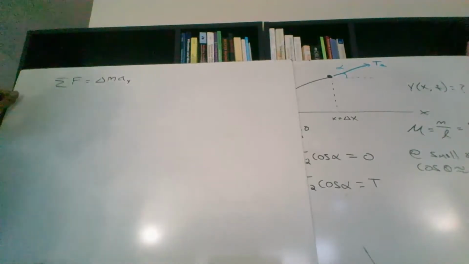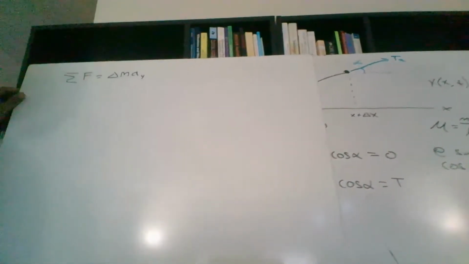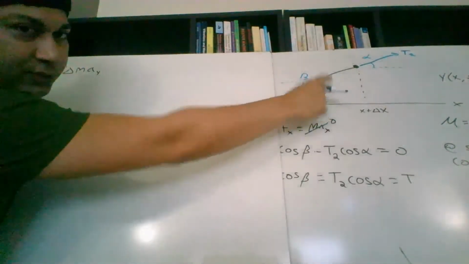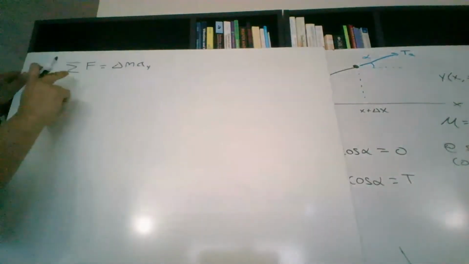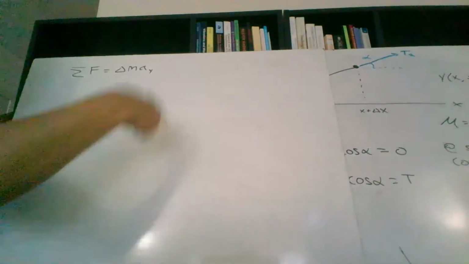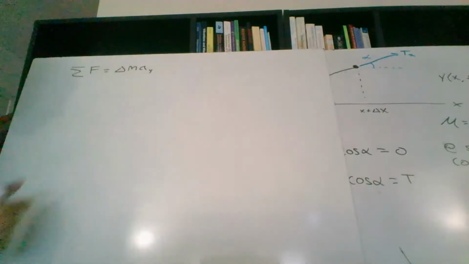And the reason why I'm using delta m here is because I'm only looking at a little bit of the string. I'm not looking at the entire string. So the sum of forces is delta m times the acceleration in the y. Now the particle is moving up and down, so there is going to be acceleration in the y direction here.